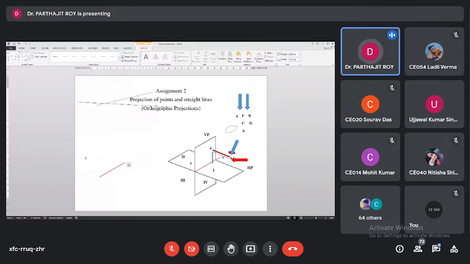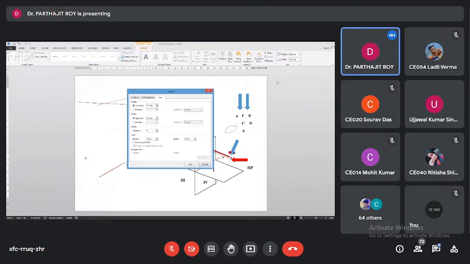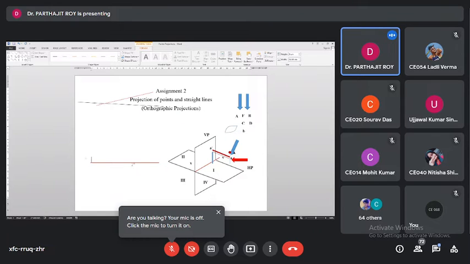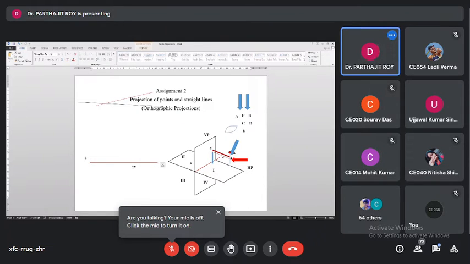So we'll make it horizontal. As I said, the reference line will be a thick line, right?